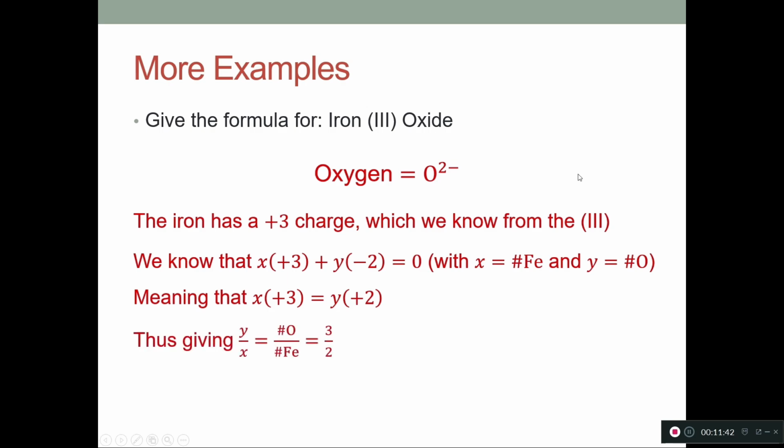And so this means that if we then divide both sides by x and then both sides by the +2, we get that y over x, which is just the same as the number of oxygens over the number of irons, is equal to 3 over 2. And so this means that the number of oxygens is 3, the number of irons is 2. And so that means we must have Fe2O3 for the chemical formula for this.